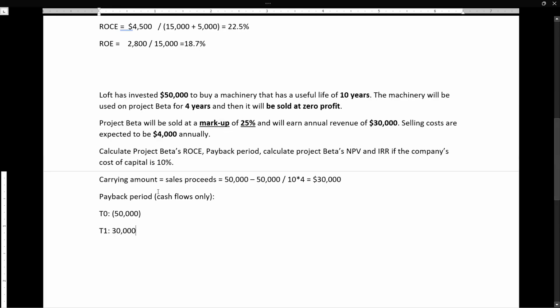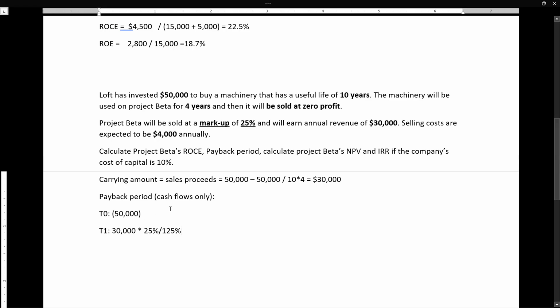So what is the net cash of that? We know that the markup is 25%. Markup is given on cost. So this means that 30,000 is some cost plus 25% of this cost. So the profit that we're going to get is 30,000 multiplied by 25% divided by 125.